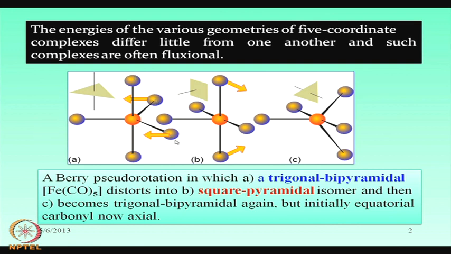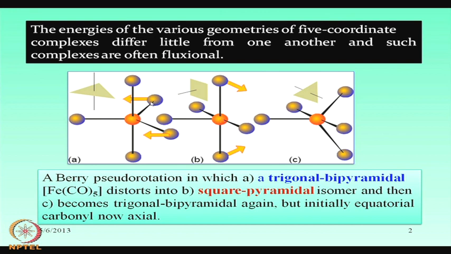Only these two carbon monoxide molecules, labeled with two arrows, will move in these two directions on the left hand side of figure A. And when they are moving in this particular direction, this is the carbon atom and this is also the carbon atom for the carbon monoxide molecule, and this red sphere is the iron.